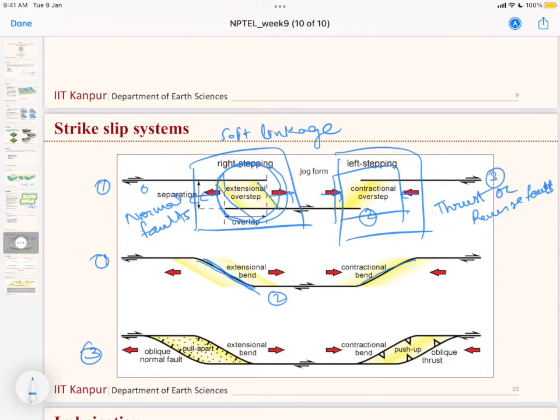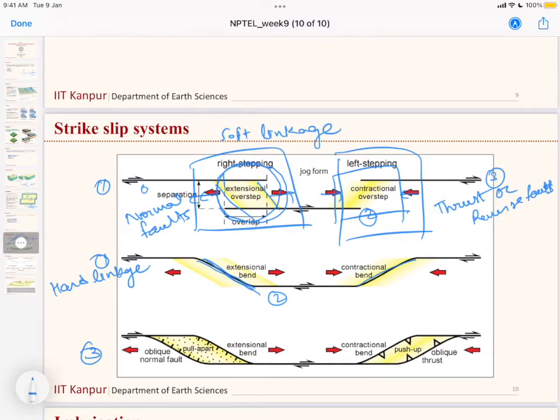In the first stage we have a soft linkage between these strike slip faults, specifically dextral strike slip faults. In the second scenario, the hard linkage was formed between these strike slip fault systems. Now, in the third scenario, landforms are created. And what are these landforms?